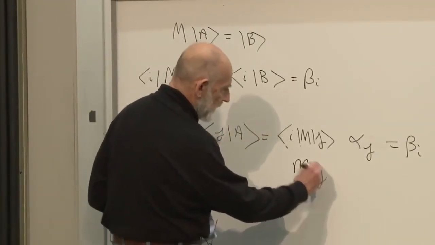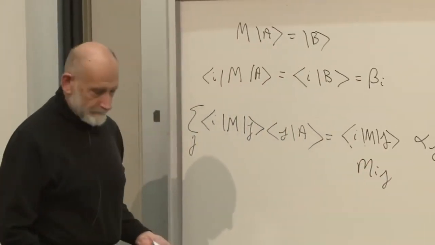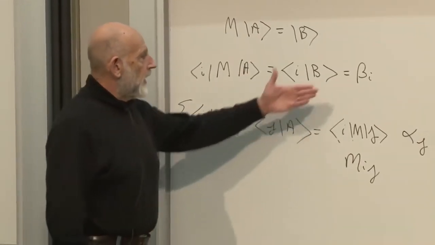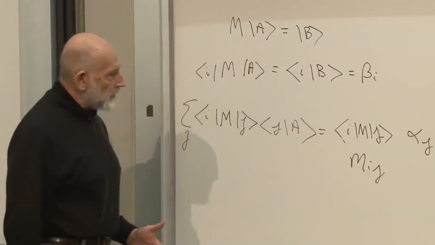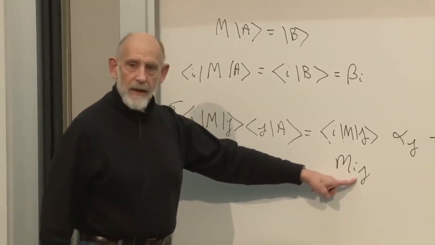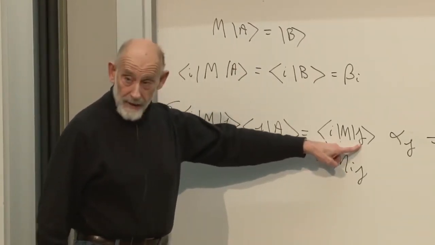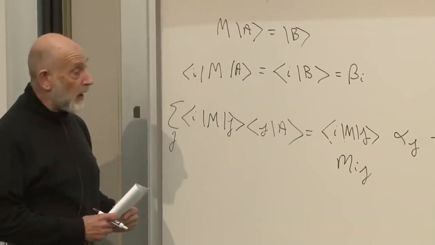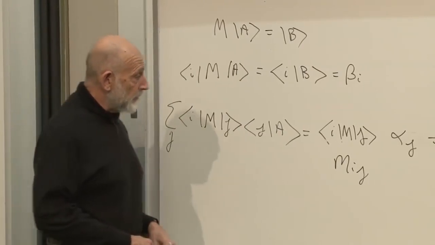It's a number. It may be a complex number, but it's a number. In other words, it's possible to characterize linear operators by what are called their matrix elements. These are called the matrix elements of the linear operator M.